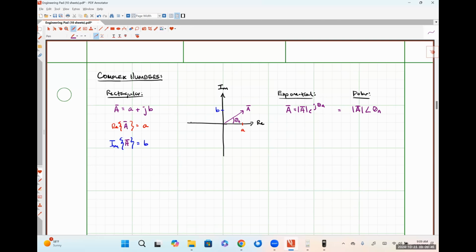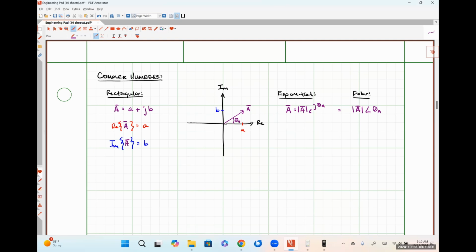So for what it's worth, your calculator only deals in rectangular form complex numbers and polar form complex numbers. If you try to put in an exponential form complex number, it will 100% of the time give you a math error. It does not matter what model of calculator you have. They only accept rectangular and polar.